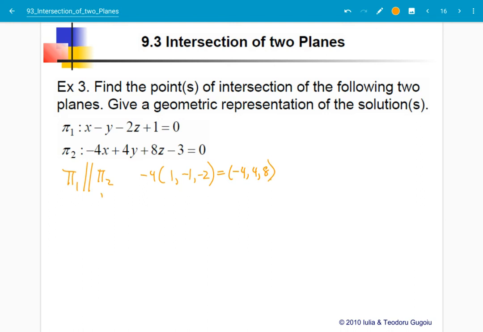So yes, they are parallel. Is negative 4 times 1 equal to negative 3? No. So the planes are parallel and distinct, with no intersection.